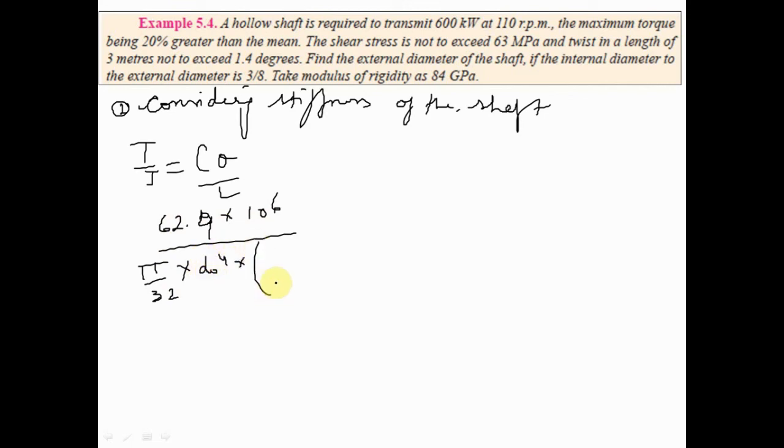So k is 3 by 8 to the power 4, bracket close. It is equal to C theta by L. C is equal to 84. Convert it into Newton per millimeter square, so I multiplied by 10 to the power 3.